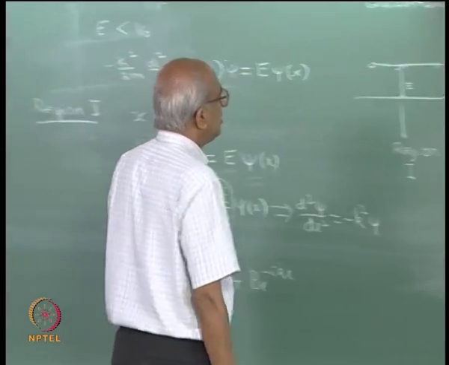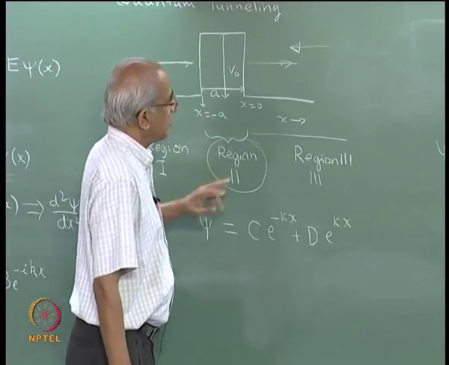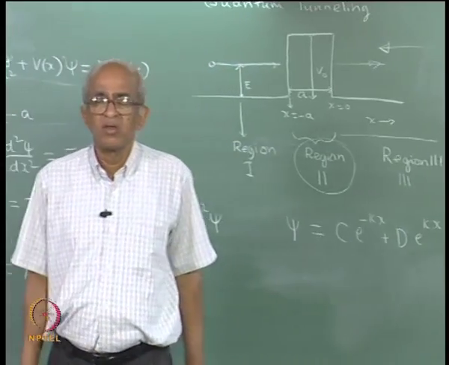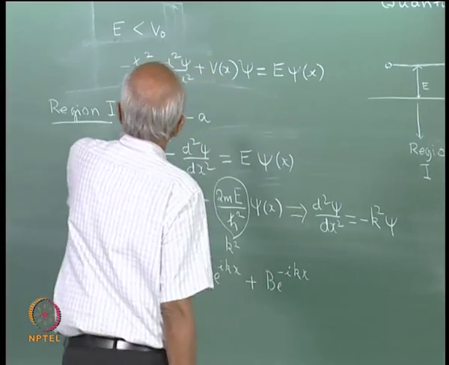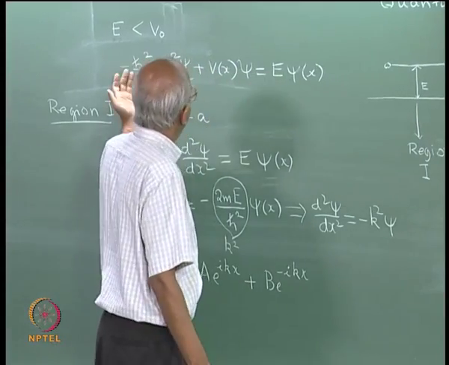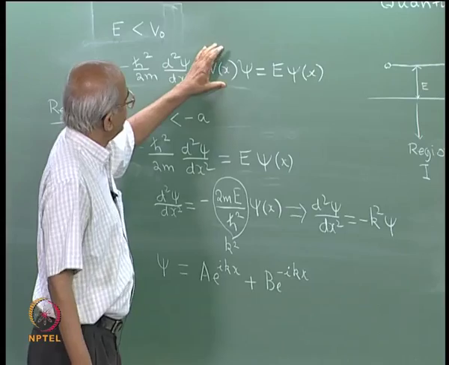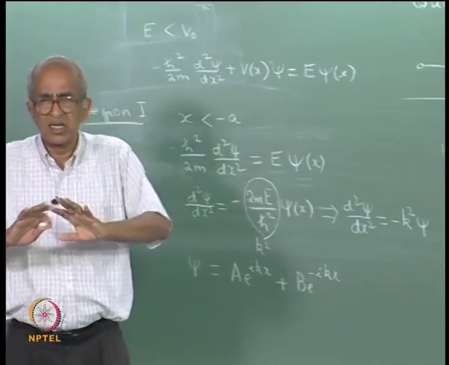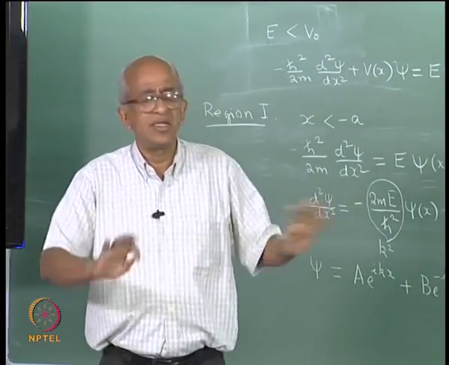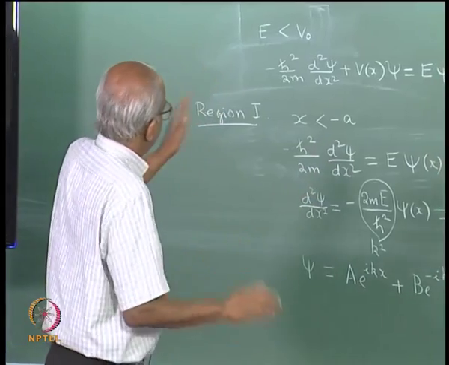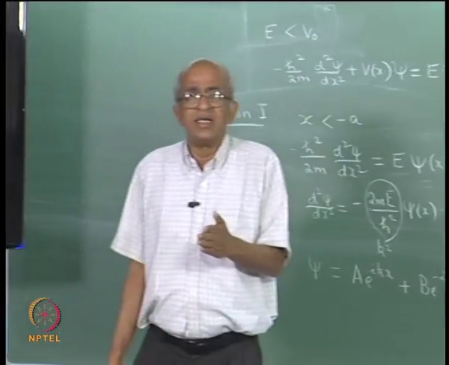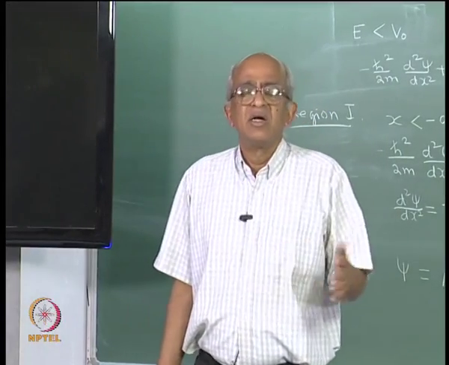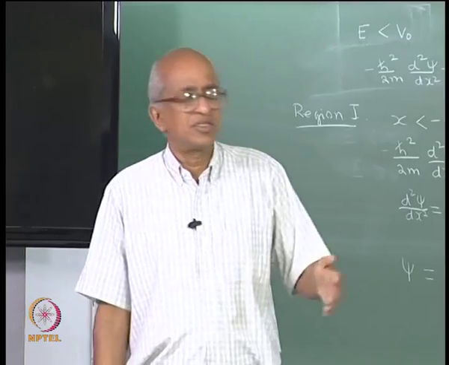Now coming to the boundary between the two regions, I know that the wave function is obeying a second order ordinary differential equation of this form. The potential has discontinuities, but there are no delta functions sitting anywhere inside the potential, and this means that the wave function and its derivative have to be continuous functions of x.